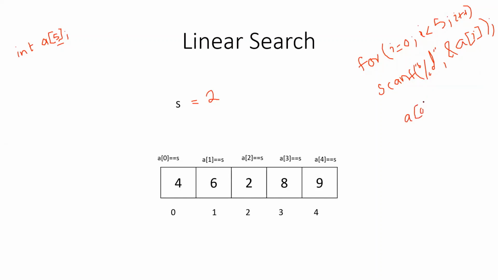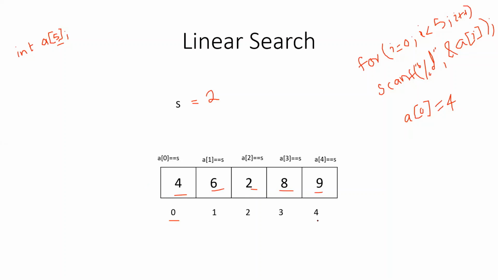In the first iteration, a[0] gets the value. Suppose the user enters 4, it will be saved in the array location at index 0 as 4. This is a[0] because the index number is 0. Likewise, we run this for loop and accept all the elements of the array for 5 positions, right?